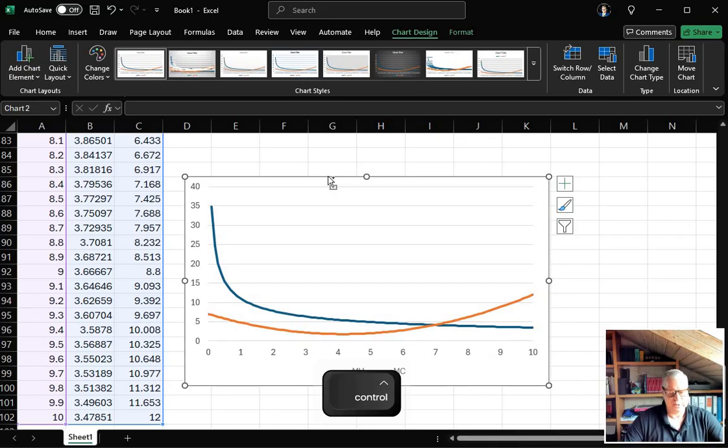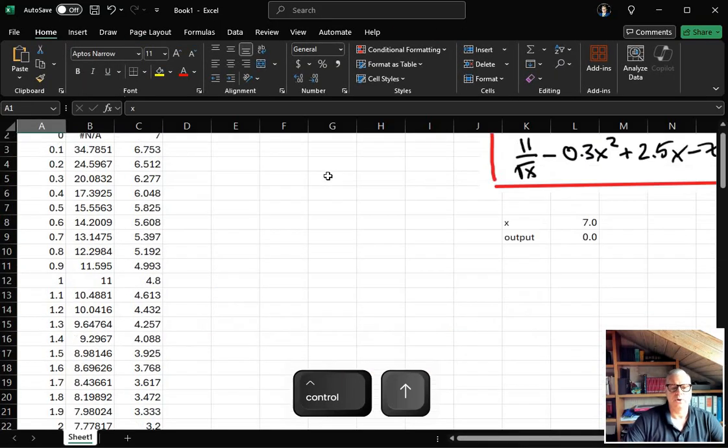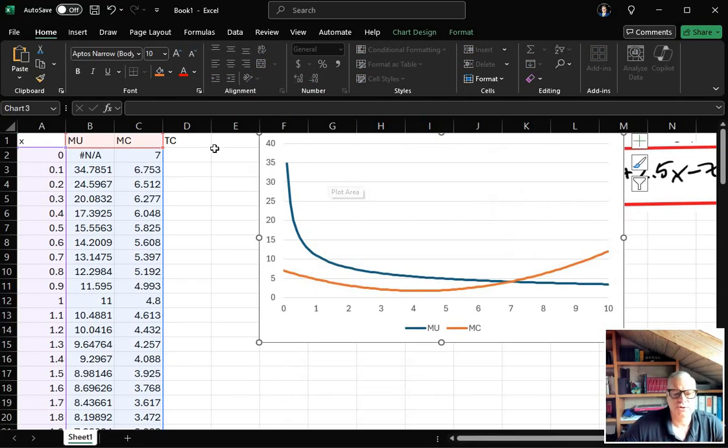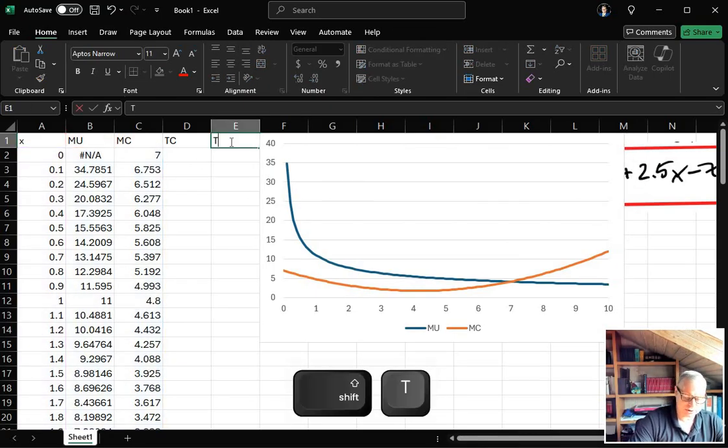Okay, so now in order to answer the final question, let's also add the total cost and the total utility.